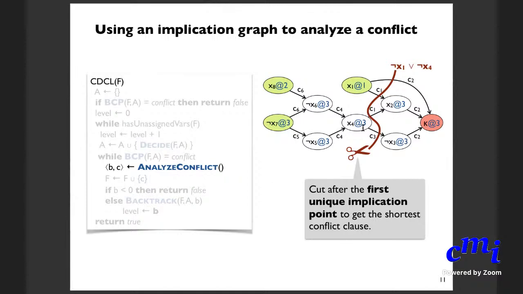Okay, because this is a partial implication graph, which only analyzes the cause of the conflict as a result of this set of decisions. Okay, denoted in green. Maybe there are other clauses also in your original formula which may be such that those decisions also might result in x4 becoming 1.